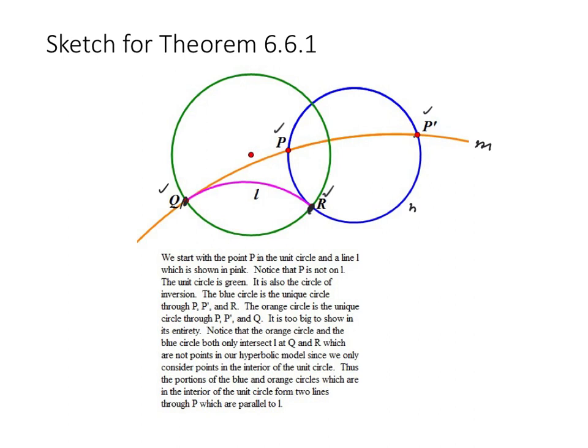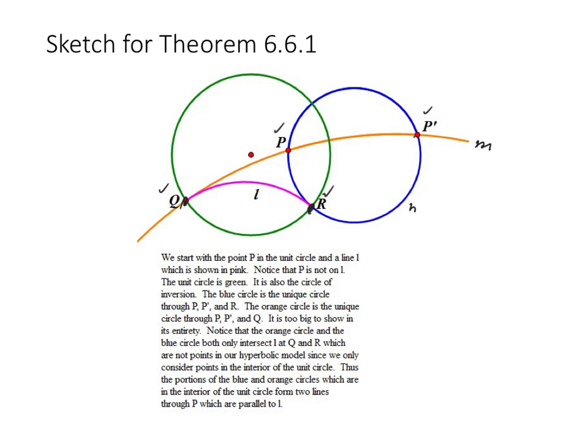And so while the circles M and N do meet the pink circle at Q and R, those points are actually not points in the hyperbolic disk. And so those are not points of intersection of the corresponding hyperbolic lines.